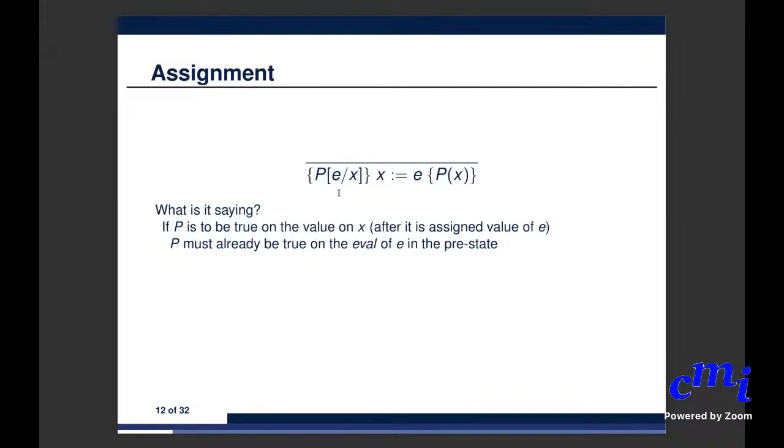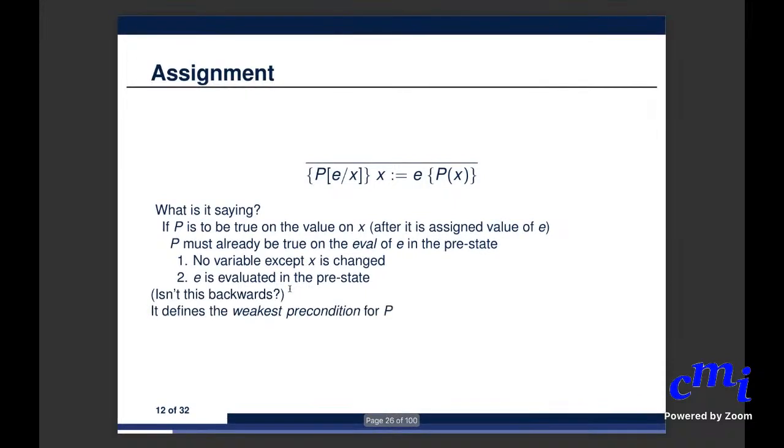So it better be true. So it is kind of backward. And the reason that this is exactly the weakest is that any state valuation of the variables for which this predicate is satisfied will result in P of x being true in the post state, because of these two reasons.